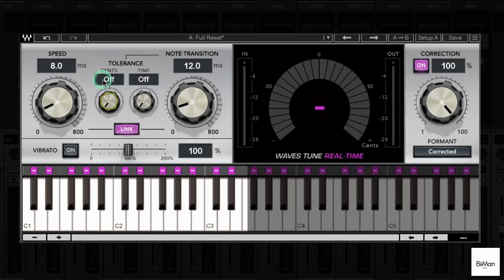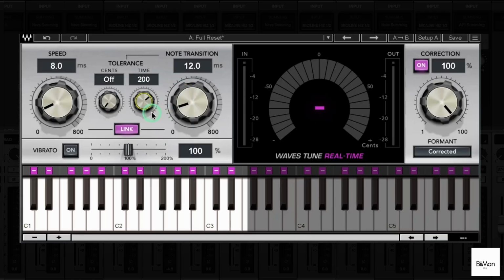So we are basically talking about the cents and the time control at the same time. With the cents control, the tolerance delays correction from the target note only when the previously detected note differs by at least 60 cents. And with the time control, the correction waits a certain amount of time outside the stipulated range. So we can give it 100 milliseconds of wait time, or we can give it 200 milliseconds of wait time.